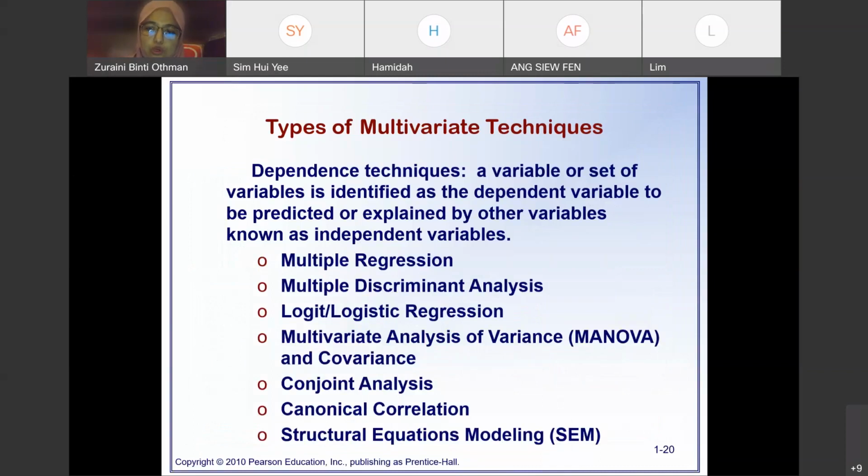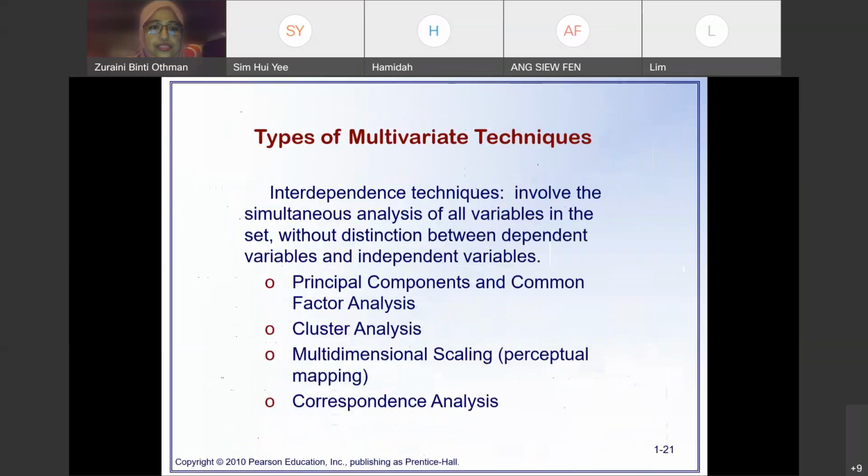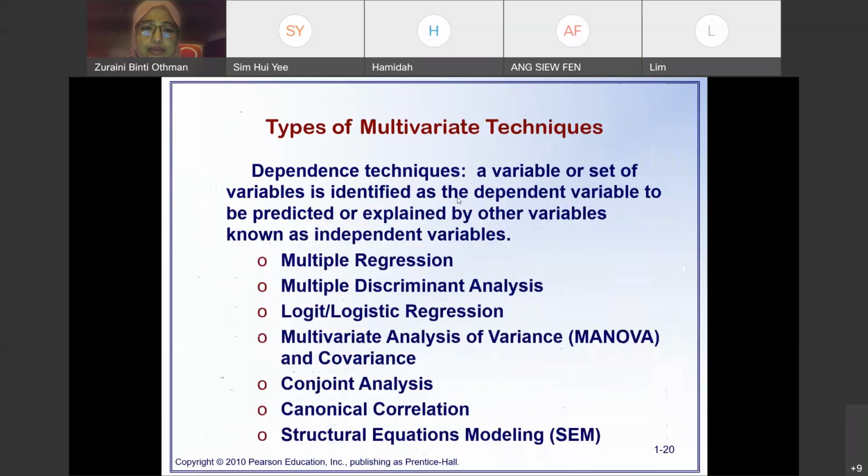But we have to know the overview of these multivariate techniques because we will frequently face this type of analysis. So this is the type of multivariate technique. It consists of two types: dependence technique or interdependence technique. What is dependence technique?